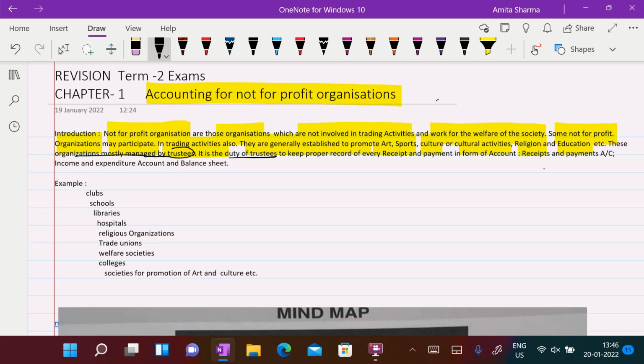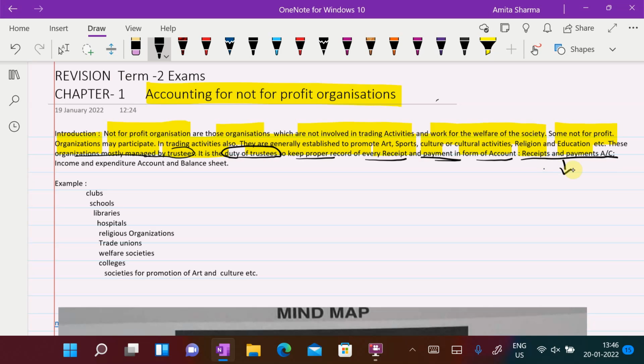It's the duty of trustee, dear student, to keep proper record of every receipt and payment in form of accounts. So who is keeping record? Trustees in form of accounts. And the type of accounts not for profit organizations are making, they are making receipts and payment account.